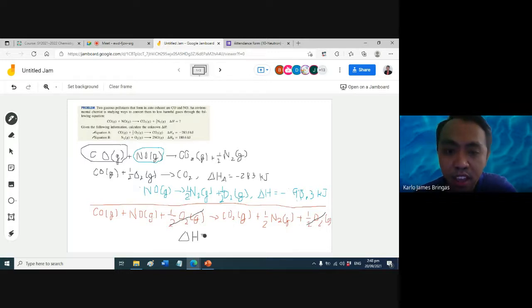So kindly add delta HA and the delta H in blue over here. So how much will this be? So Sandra with her answer, which is negative 373.3 kilojoules.